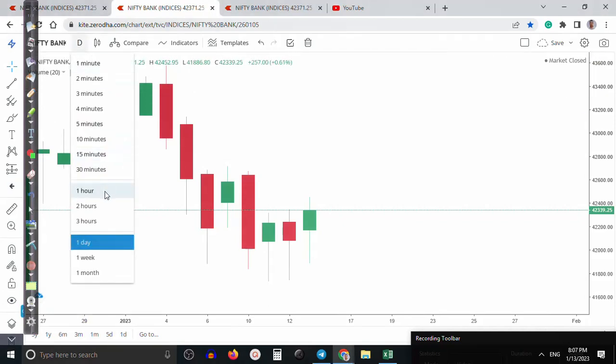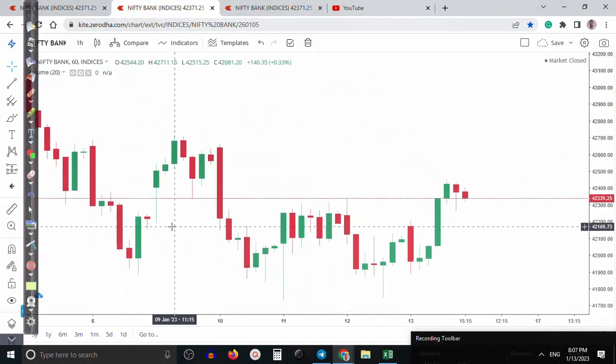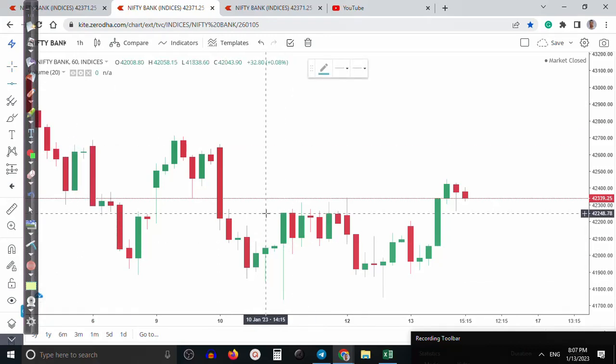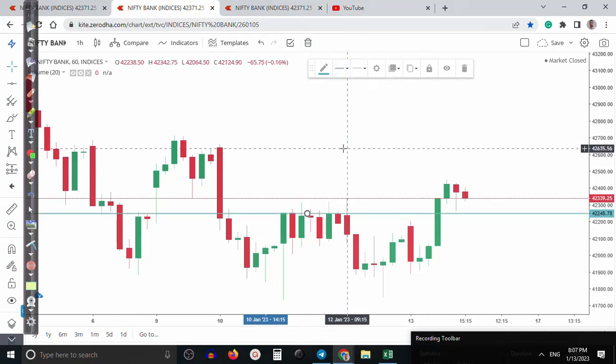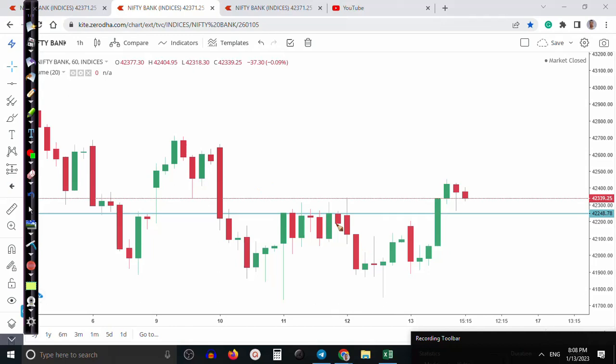Let me show you the 1 hour chart. In the 1 hour chart, let me draw a rejection line. This one is a rejection line. Okay, perfect. There are multiple rejections from this area. And let's see the demand zone first.